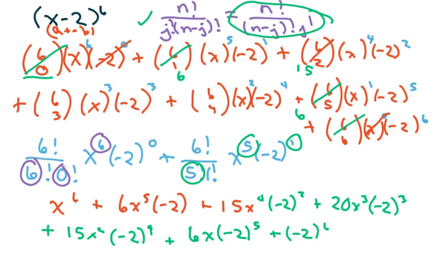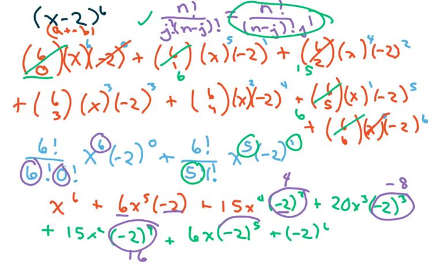Now in the next slide I'm going to go ahead and multiply these coefficients. So this right here is 4. This is negative 8. This is 16. This is negative 32. And this is 64.